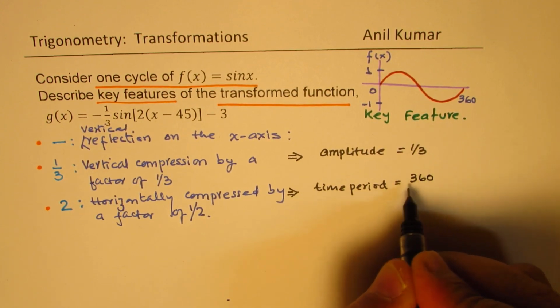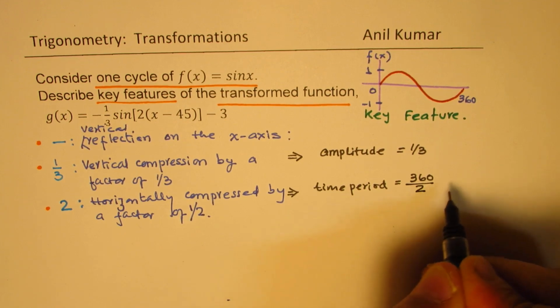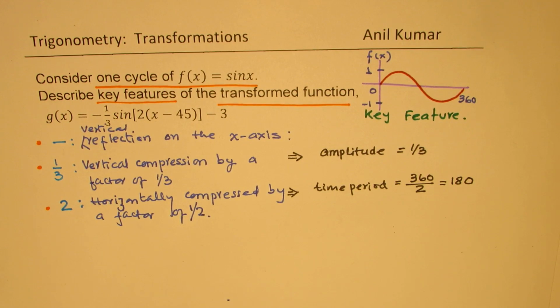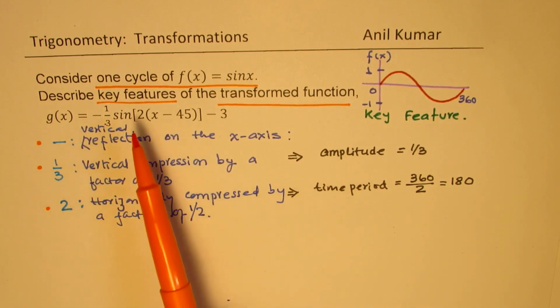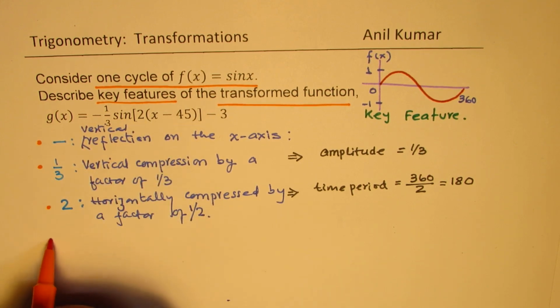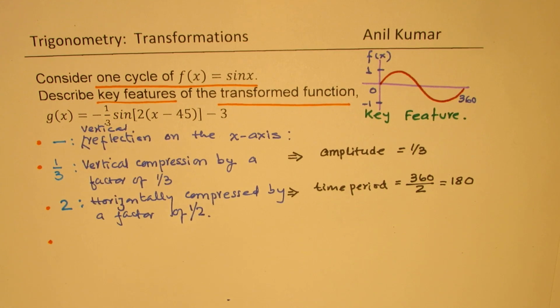That is 360 times half, or divided by 2, which gives you 180. Do you see that part? So that is the effect. We have to describe these key features for the given transformed function. I hope now you understand clearly what the question demands.